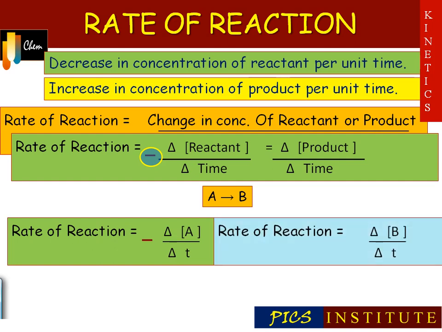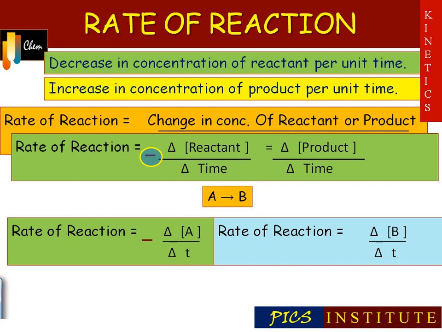In terms of product, that is in terms of B, we can write the expression rate of reaction is equal to delta B divided by delta t. Since the concentration of product increases with the passage of time, the right hand side expression possesses a positive sign.